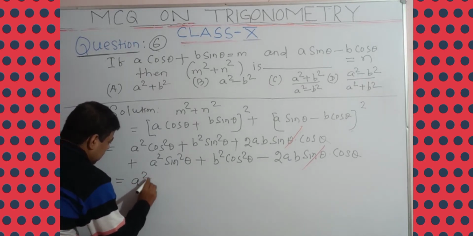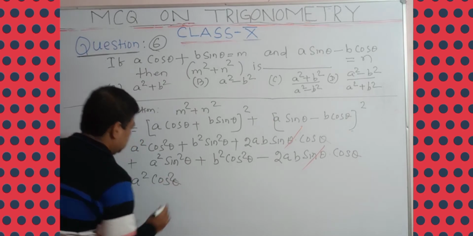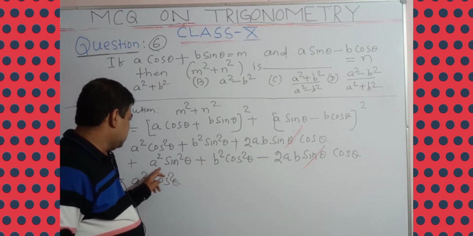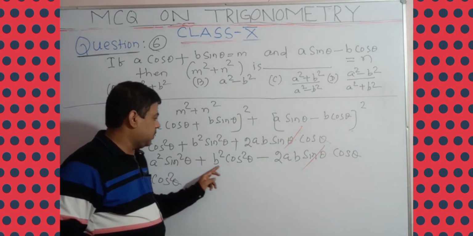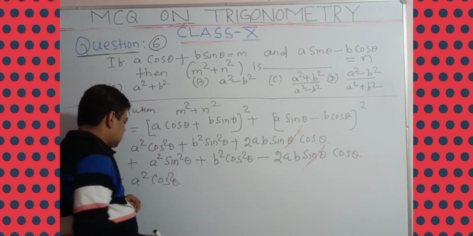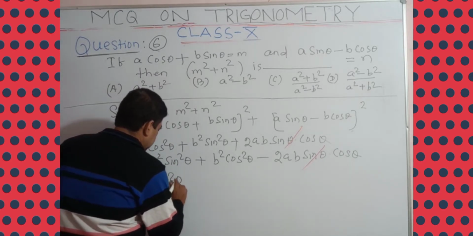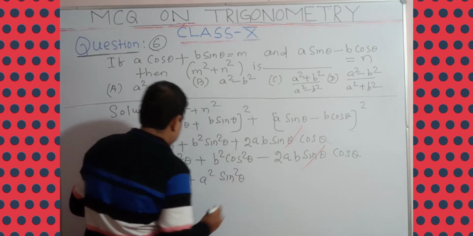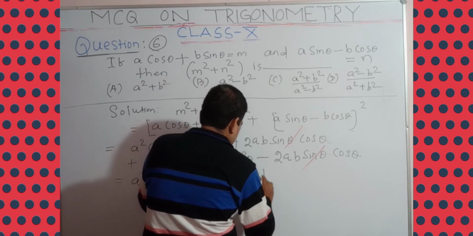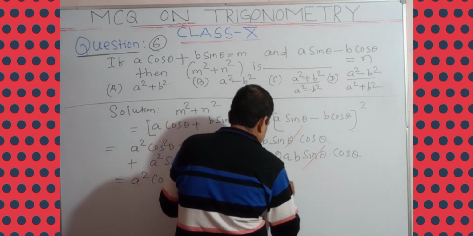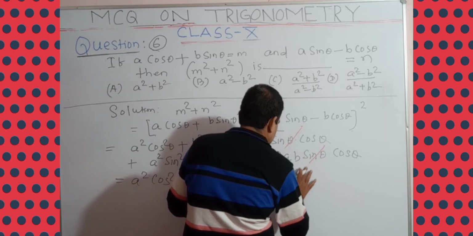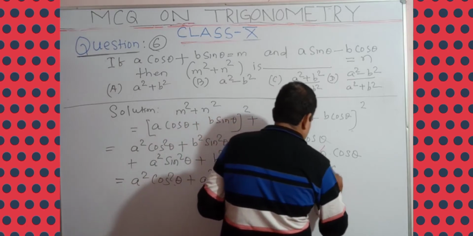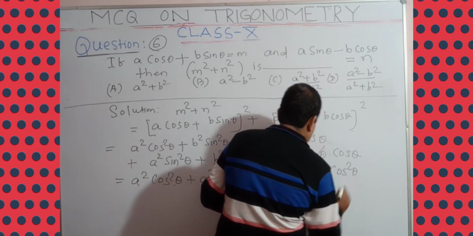You see a square cos square theta plus b square sin square theta after cancellation. The remaining terms are plus a square sin square theta plus b square cos square theta. You see, a square cos square theta can be arranged with a square sin square theta, similarly b square sin square theta plus b square cos square theta.